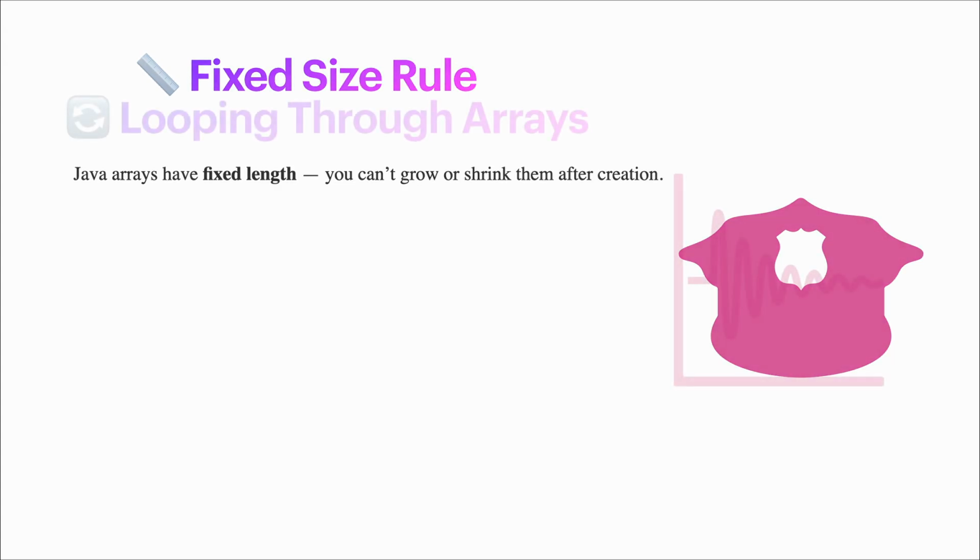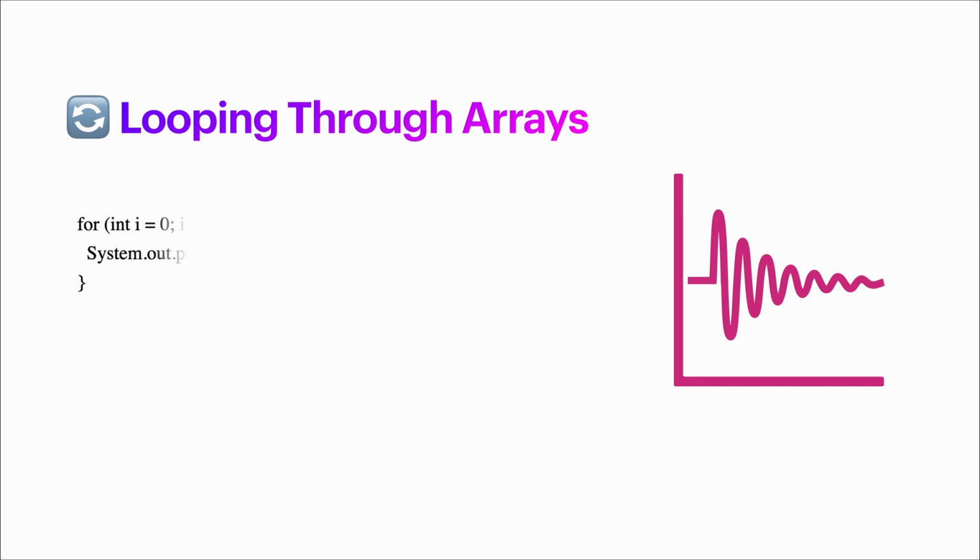So let's go through looping through arrays. Using this code, for int i equals 0, I'm hoping you understand this by now. We're initializing i to be equal to 0.